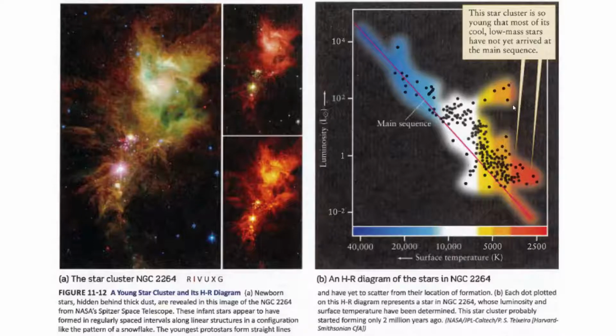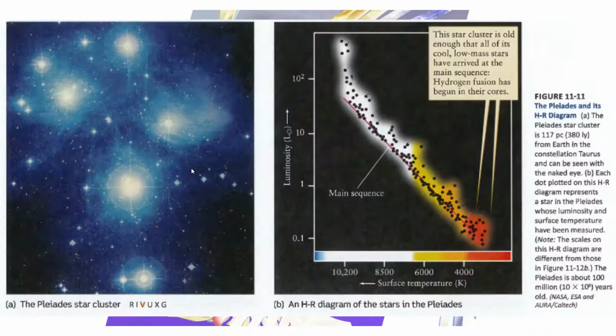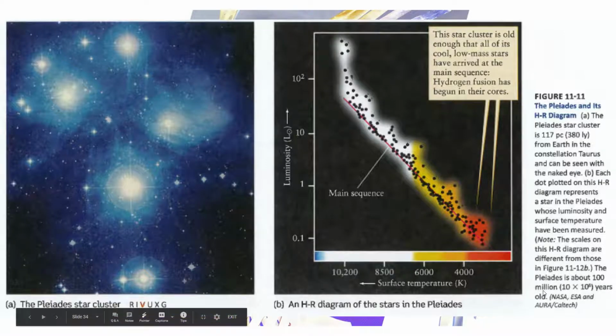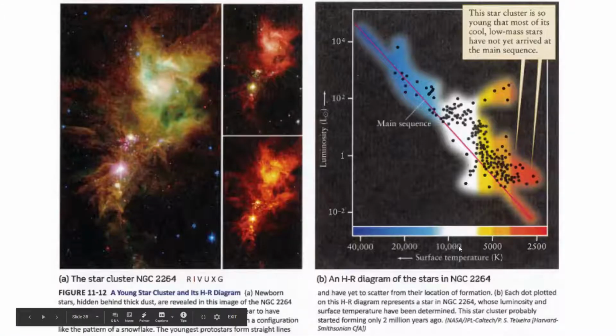Whereas here, a lot of the stars are still all the way over here. They're still making their way to the main sequence. Some of them definitely are, but a lot of them haven't even started their main sequence lifestyle yet. So that's another way we think this cluster is not nearly as old as this one. The Pleiades star cluster is the older one, estimated 100 million years old, and this one is estimated 2 million years. So huge difference right there.